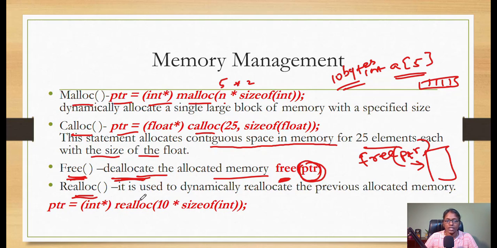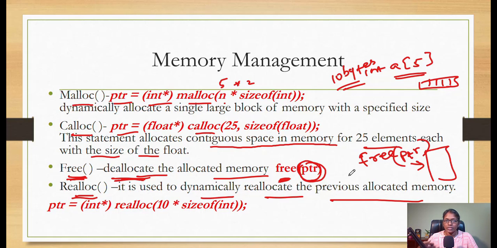The next one is reallocation. Realloc is used to dynamically reallocate the previously allocated memory. I thought only 10 members would come for the function, and then 20 members came. So what do I have to do? I have to rearrange my chairs from 10 to 20, right? That is called reallocation.